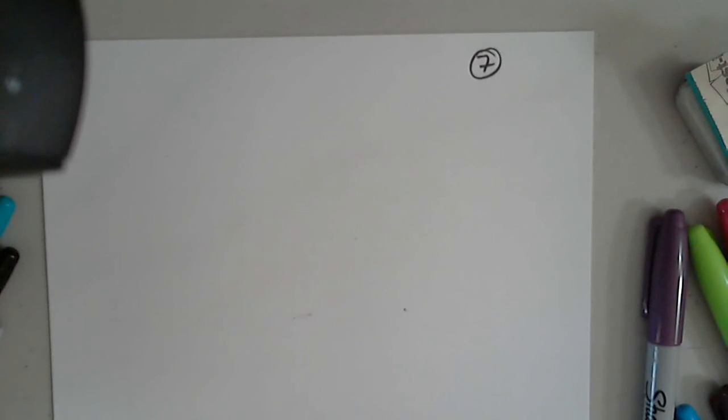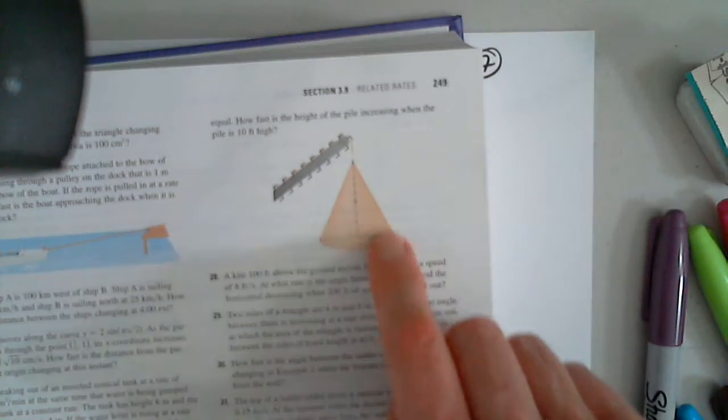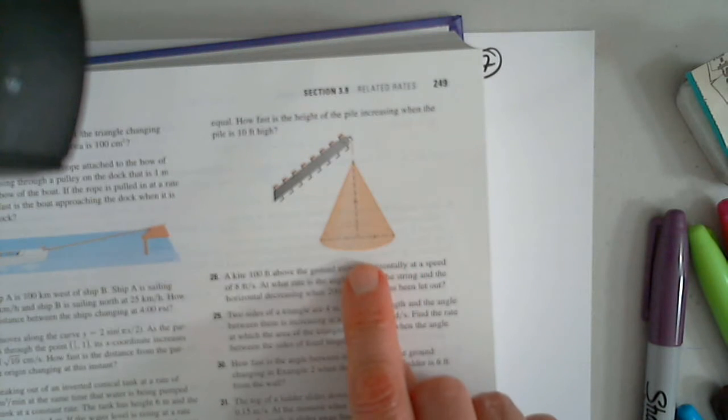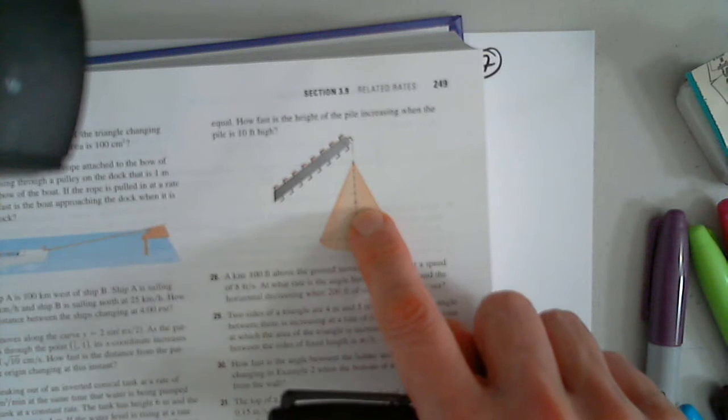This is an interesting situation in which you see there is a pile of sand, and it's in the form of a cone. And it says that it's not sand but gravel being dumped from a conveyor belt into this form at a rate of 30 cubic feet per minute.